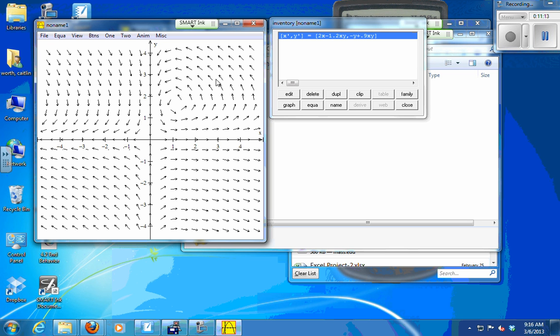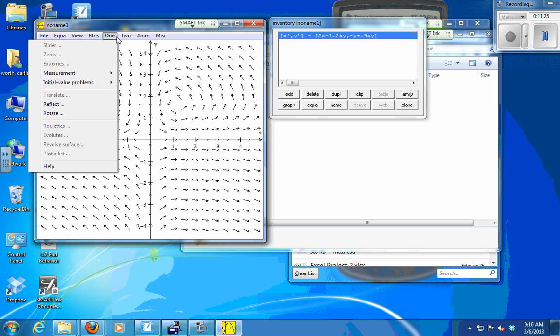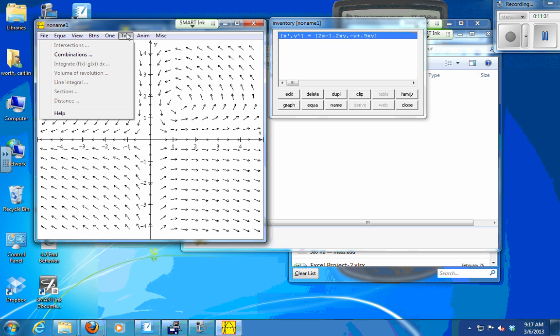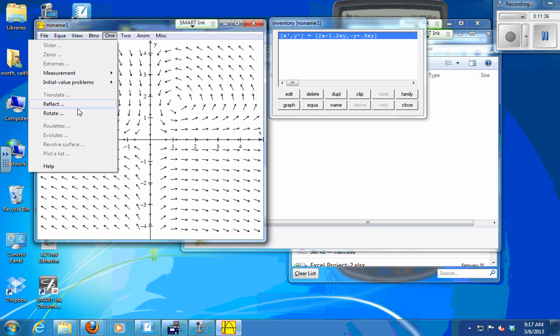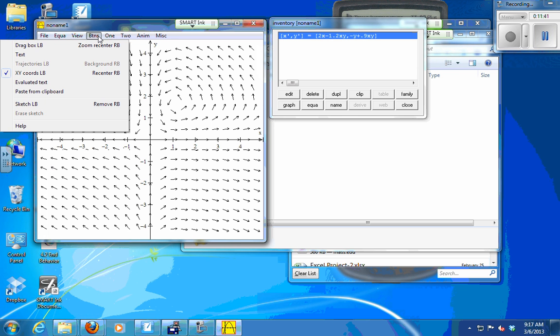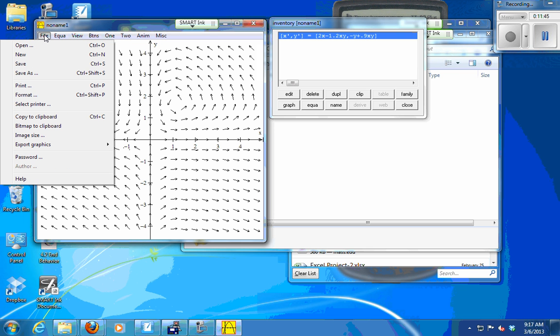And then the very cool thing is that you can trace trajectories. So rather than having to eyeball it, you go to, this is another thing that's not intuitive, you go to 1. Sorry, maybe it's 2. Why isn't it there? Oh man, I was just doing this last night.